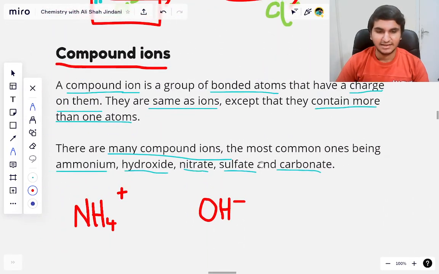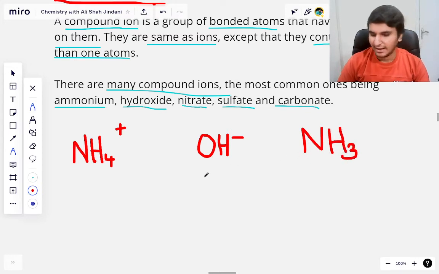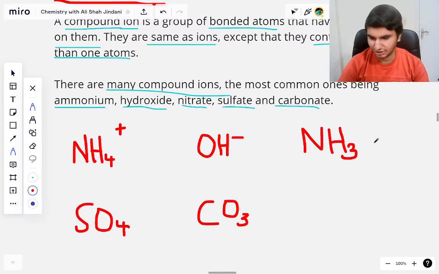It has a negative charge. Next is nitrate, which is NH3. And then we have the sulfate, which is SO4. We have the carbonate, which is CO3. To put the charges, we have 2 minus for sulfate, 2 minus for carbonate, and a negative charge on the nitrate.